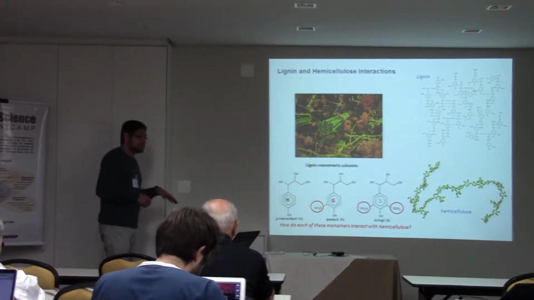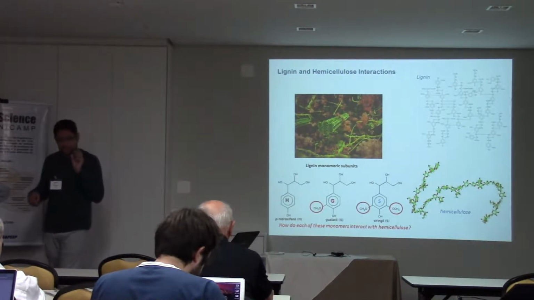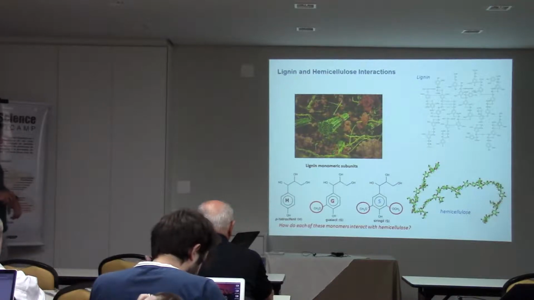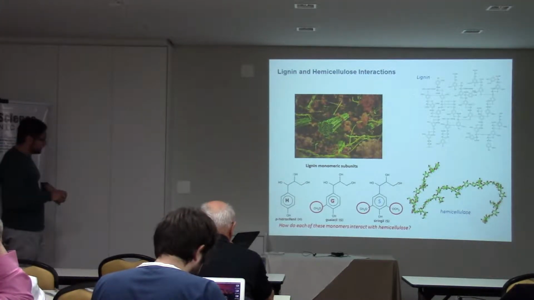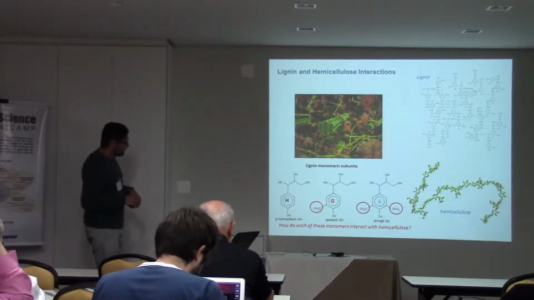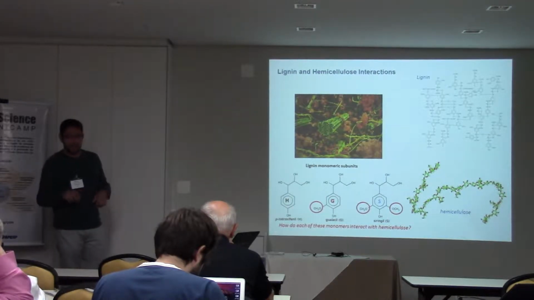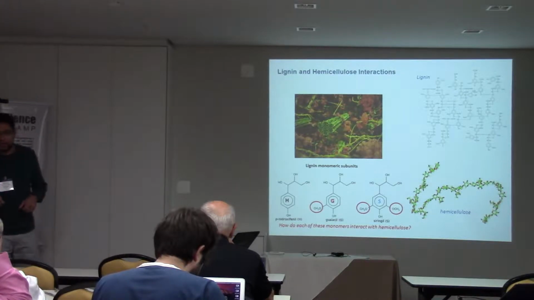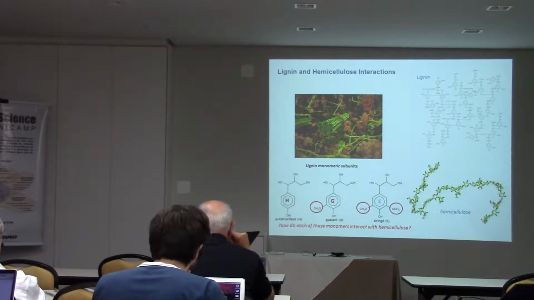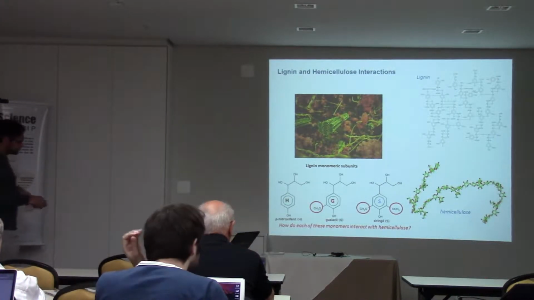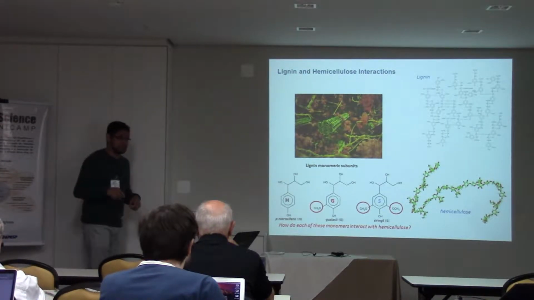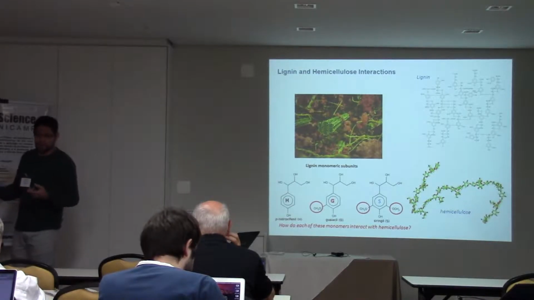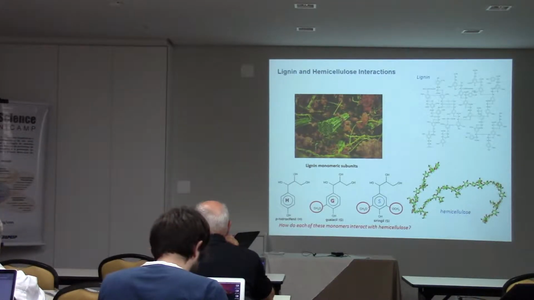But lignin is made of basically three different units. The H, G, and S lignin, which differ from each other by these methoxy groups attached to the aromatic rings. So the question is how lignin monomers interact with the hemicellulose, and what is the effect of these methoxy groups in these interactions.